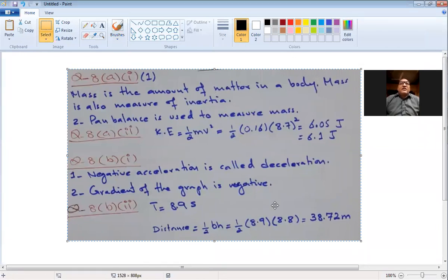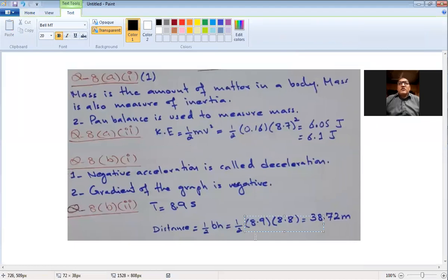This number is wrong. This is not supposed to be 8.9. This number here is 0.89.